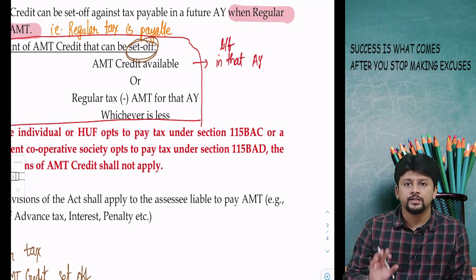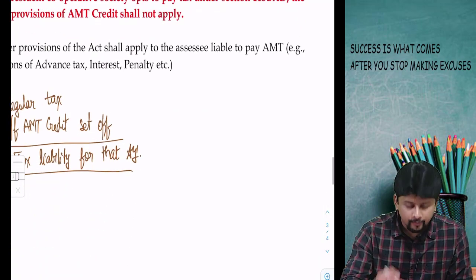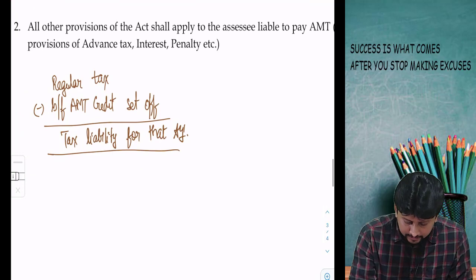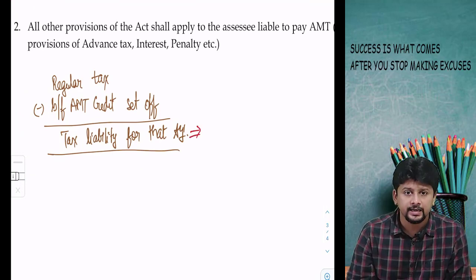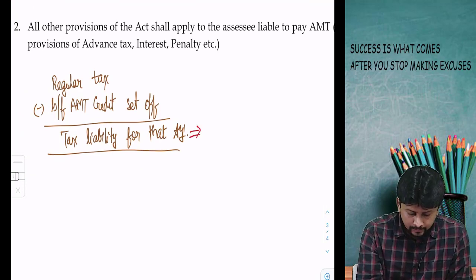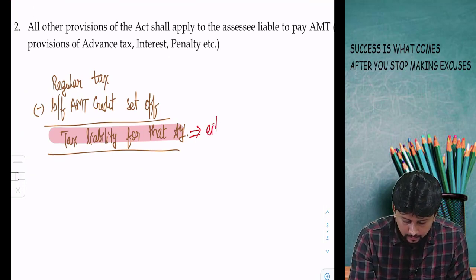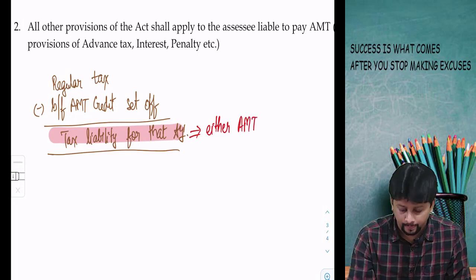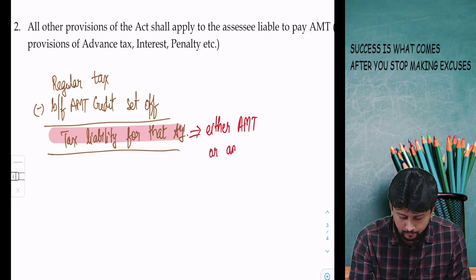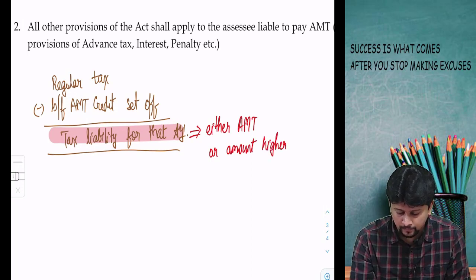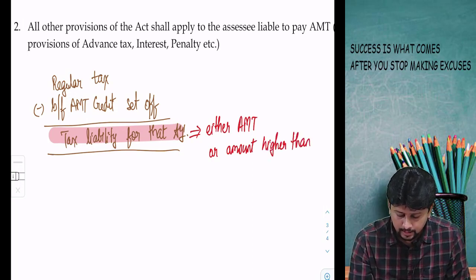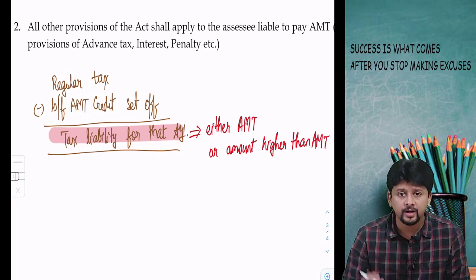Out of the two, whichever is less. Which means that this figure, tax liability for the assessment year, will be either the amount of AMT or an amount higher than AMT, but never lower.